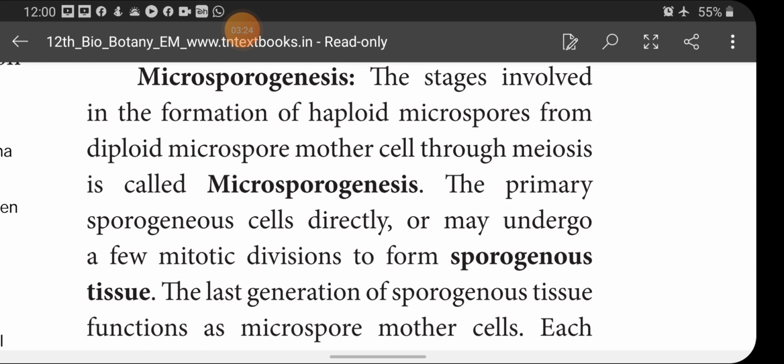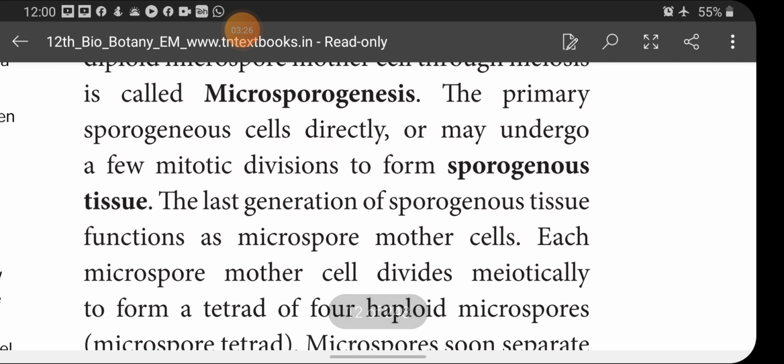The primary sporogenous cells undergo a few divisions and produce what? Sporogenous tissues.